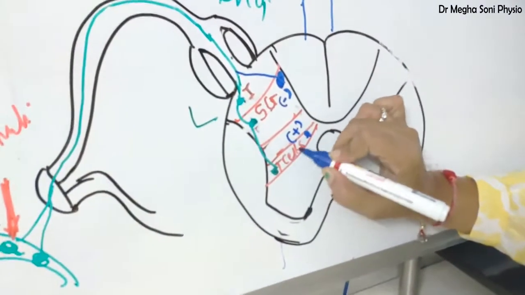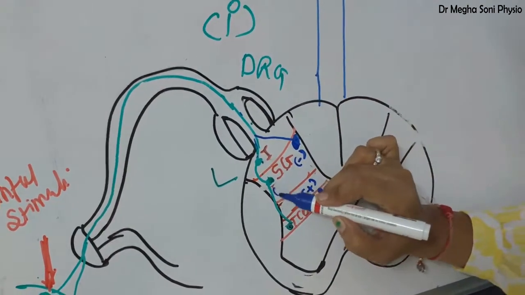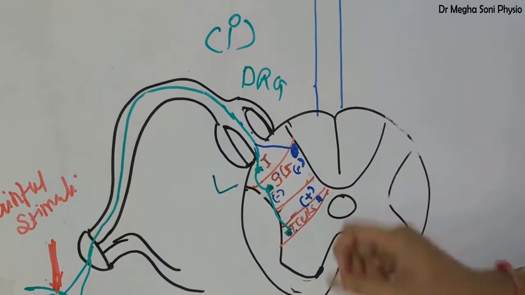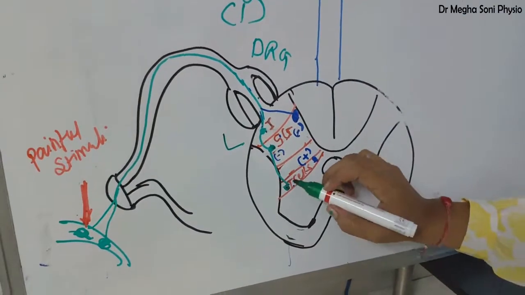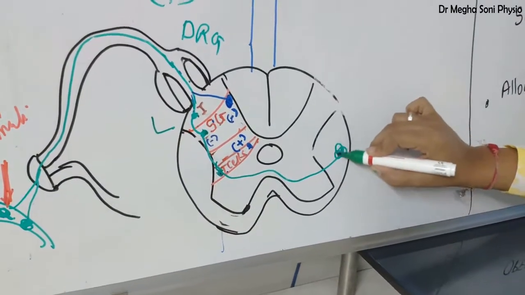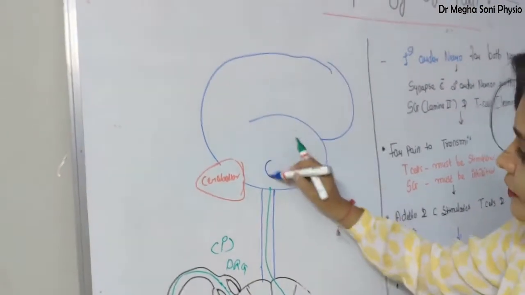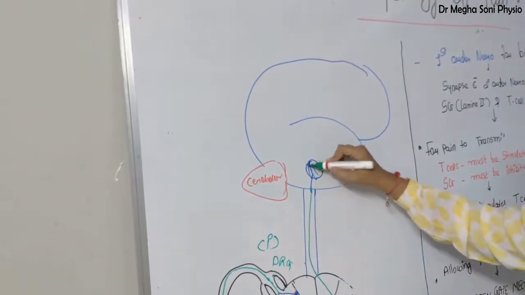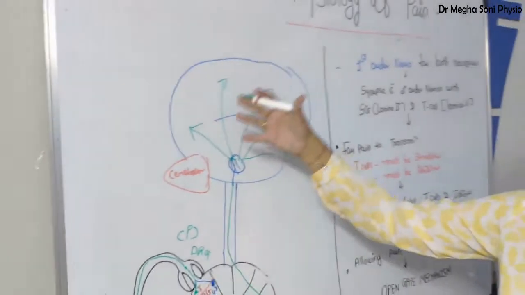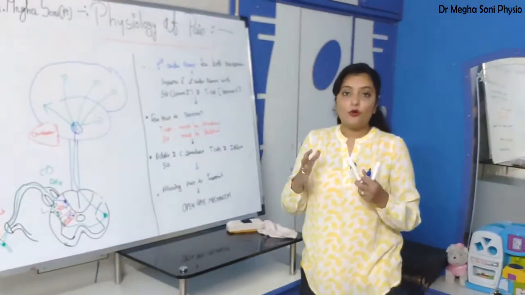T cell is situated in lamina 5 and substantia gelatinosa in lamina 2. Okay. So the gate will be opened and then this pain can pass from one side of the spinal cord to the other side, and through the anterolateral fibers it goes to the thalamus, and from the thalamus this type of pain sensation will be sent to different parts of the cortex and the diencephalon. Fine. So this we call the open gate mechanism.